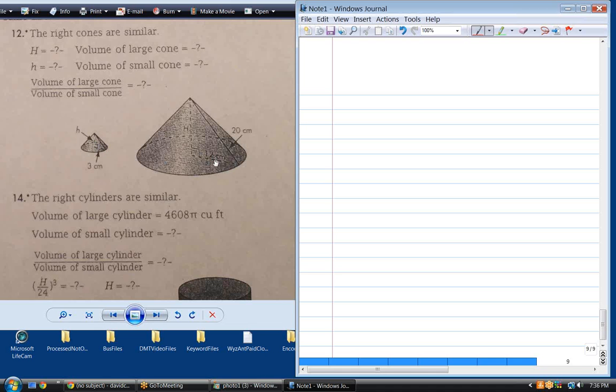And over here, the radius of that base is 12. So what have they given us? A linear ratio, an area ratio, or a volume ratio? Linear. Just look to the units. If that's not squared or cubed, then it's a linear measurement.